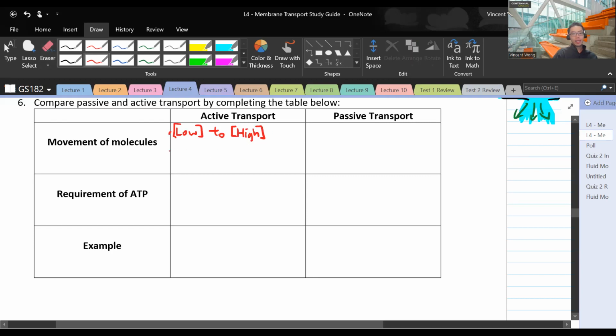And this goes against the concentration gradient. It's like going uphill. That's why it requires ATP from the cell.